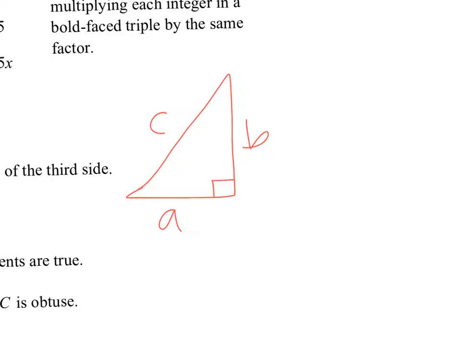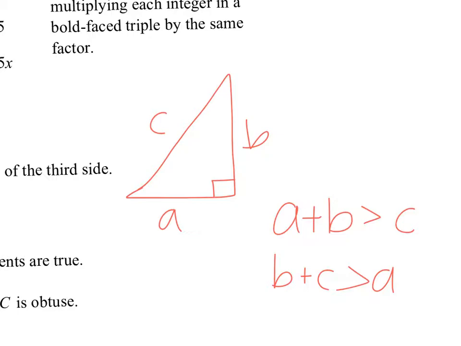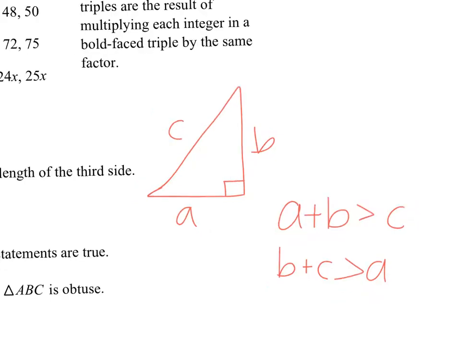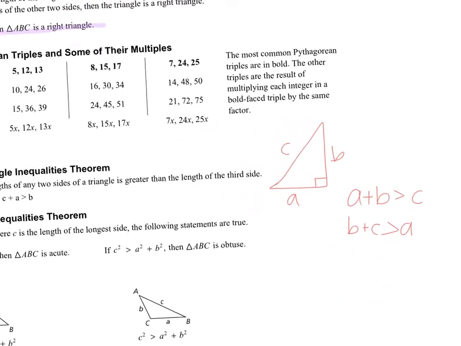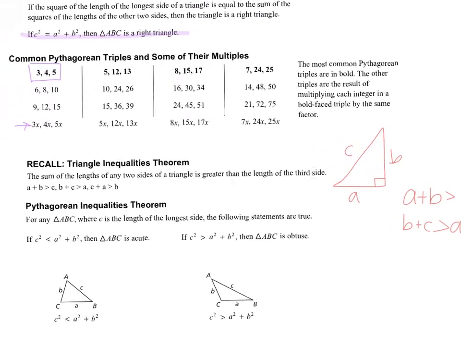So don't square them before you check. It is saying that A plus B is bigger than C, or B plus C is bigger than A. So not the squares of each of them. You might want to make a note of that. That tripped some people up yesterday. It's the actual side lengths, not the squares of the side lengths.